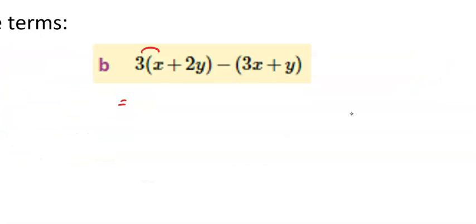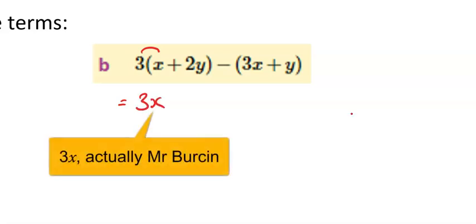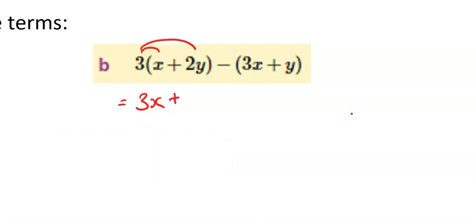This one, there's a wee trick to it, so let's proceed with caution. Let's work out the first expanding brackets. 3 times x is 3x, plus 3 times 2y, which is 3 times 2 times y. 3 times 2 is 6, which gives us 6y. For the second part, we have to be careful, because it's very easy to get this bit wrong.